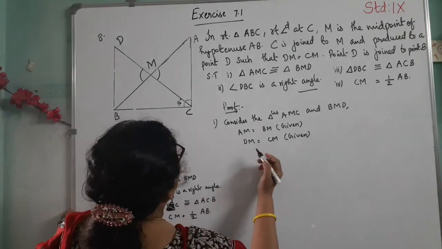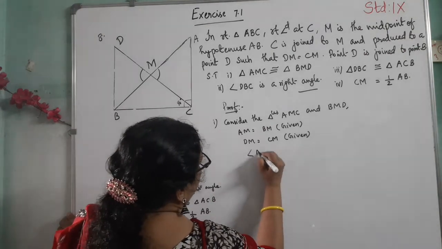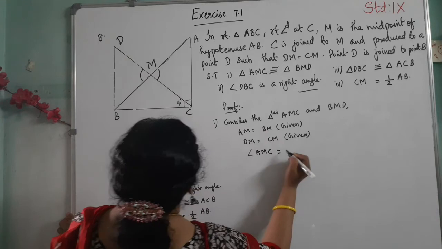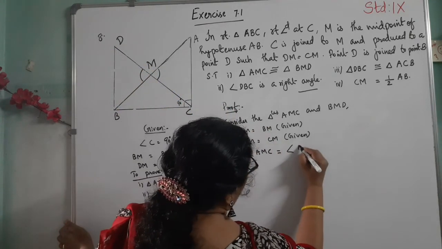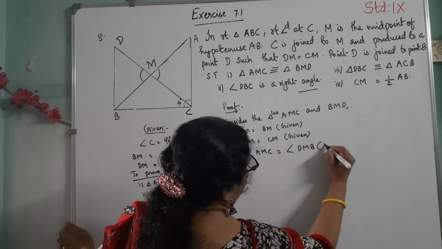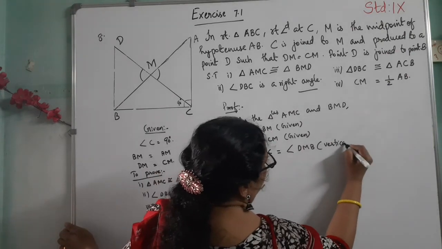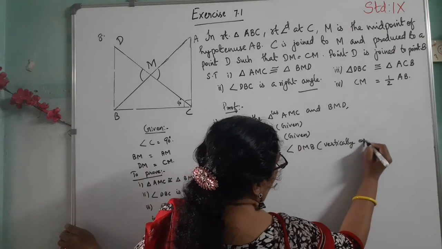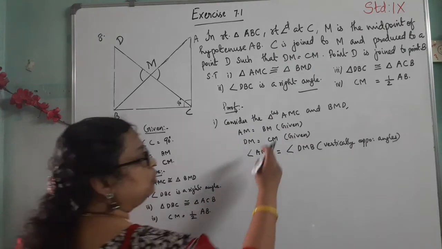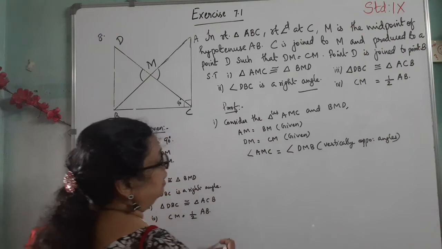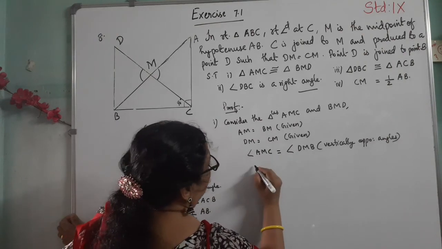So we can write angle AMC equals angle DMB, vertically opposite angles. So two sides and the included angle.